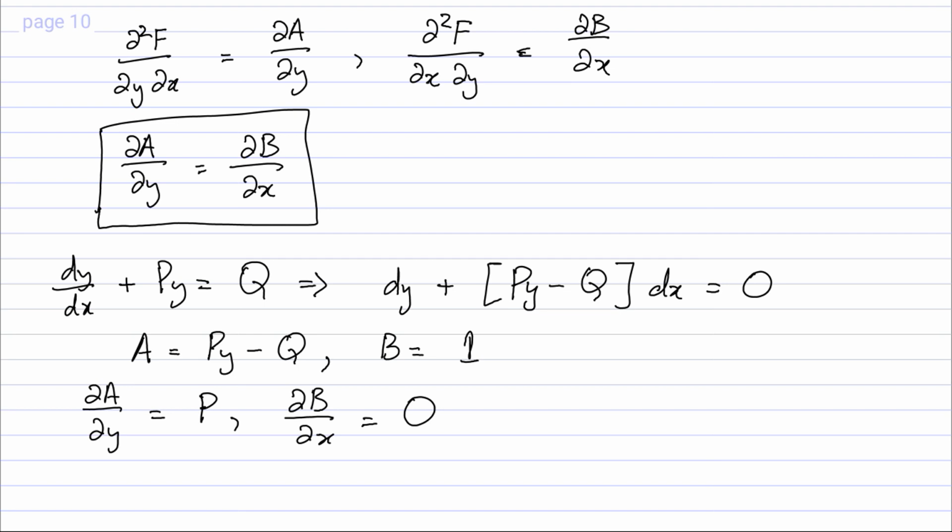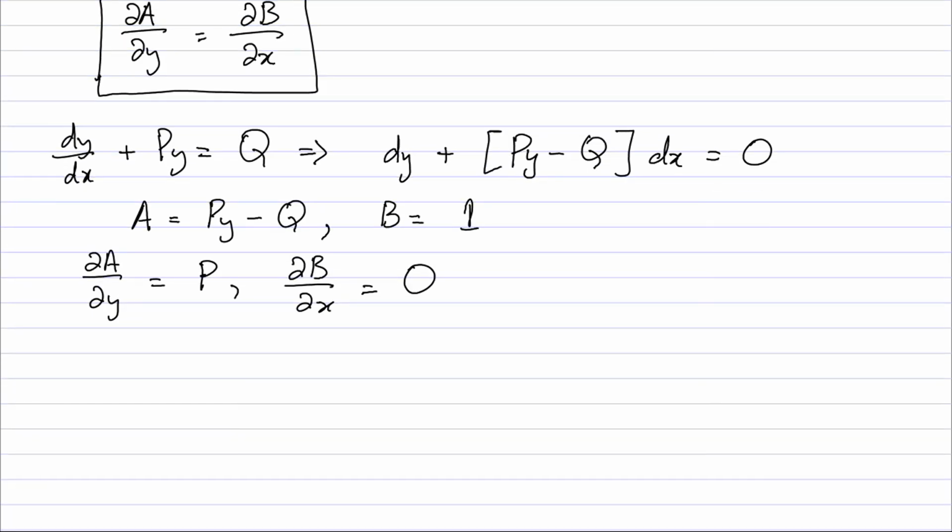But the point now is that you can always multiply your inexact differential equation by some function of x and y, in general. That's called the integrating factor. You can multiply your differential equation by this integrating factor to make it exact. You can multiply both sides of the equation by this factor.